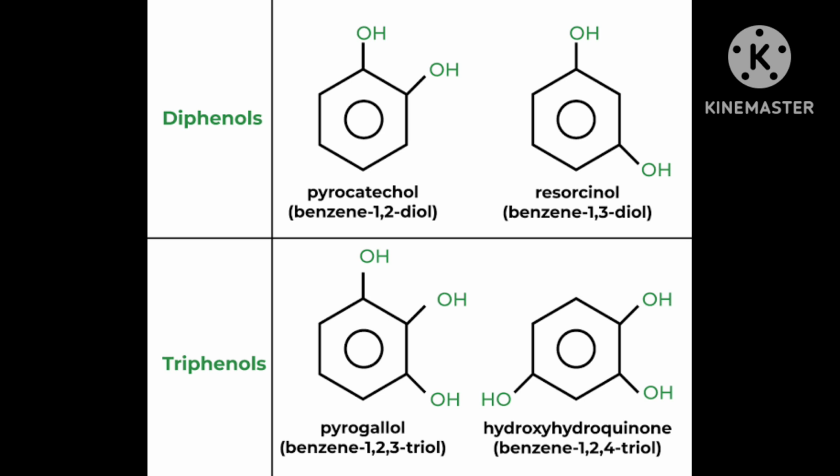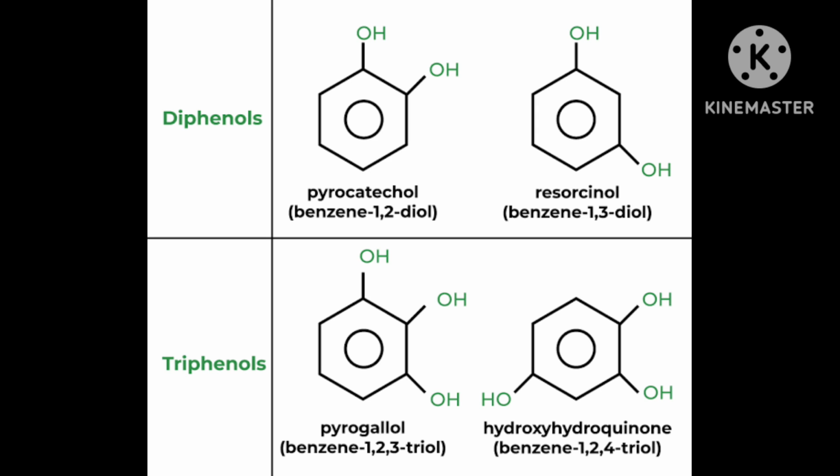But now suppose from this hexane one H is removed, from any carbon, suppose one hydrogen is removed, and another group is attached, like OH. Then now it is a cyclohexane. What will be the IUPAC name?